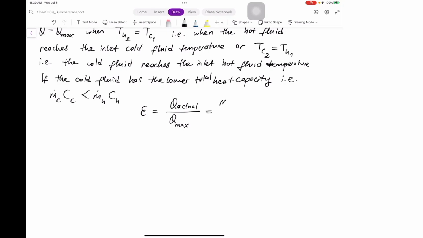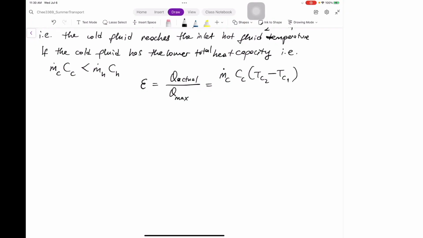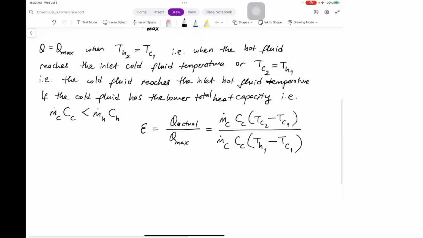Q actual is nothing but M dot C times C_C times (T cold 2 minus T cold 1), the outlet and inlet temperature of the cold stream, the difference between them, divided by M dot C times C_C, in the case where the cold temperature outlet becomes equal to the hot temperature inlet, T hot 1 minus T cold 1. So instead of this, we replace it by this T hot 1, in accordance with this formula.